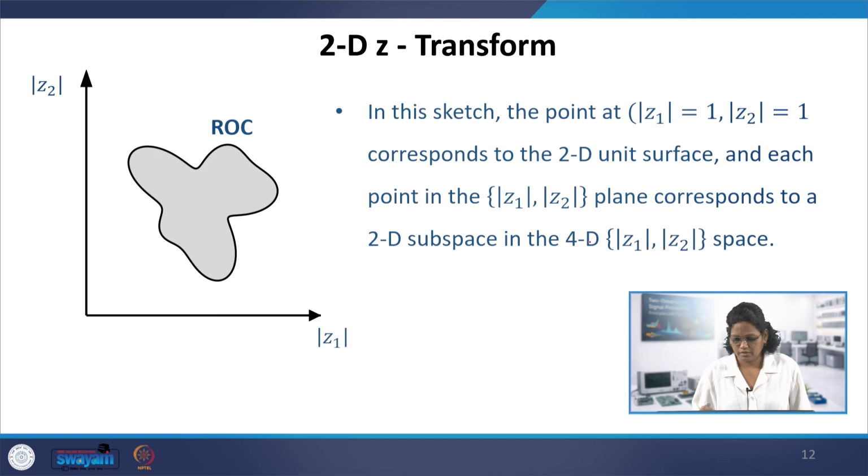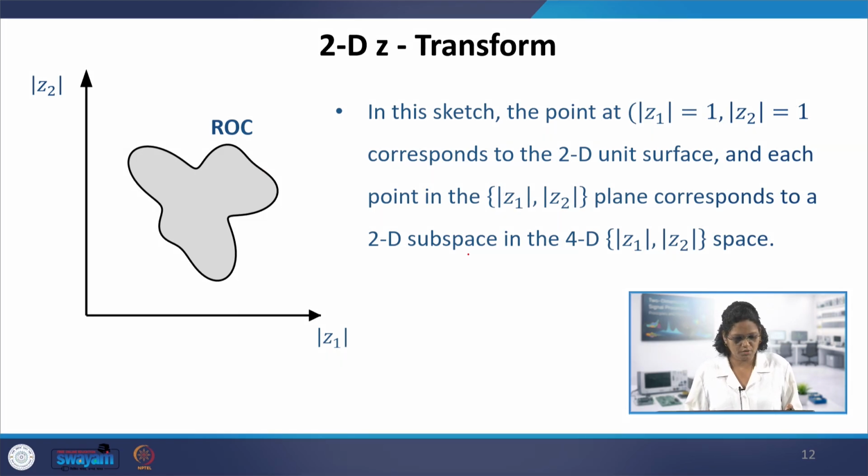If you have the 4D space, we just take the 2D subspace from it to represent the ROC. So this is how the 2D Z transform ROC is specified. Instead of having these 4 variables, whose variation we will not be able to visualize properly, we get this 2D subspace of Z1 and Z2.